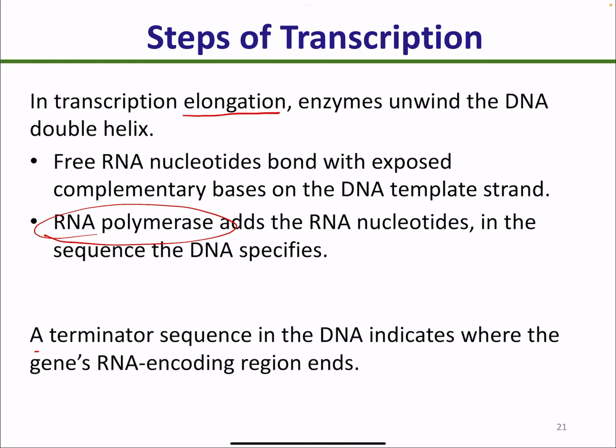The terminator sequence is going to be there at the end of the gene to tell the machinery that this is where you stop the transcription. And at that point, the messenger RNA is released.